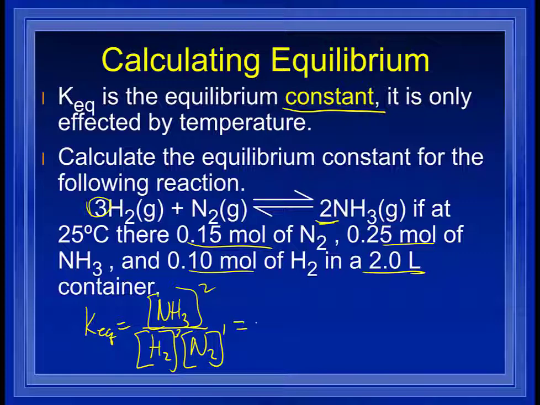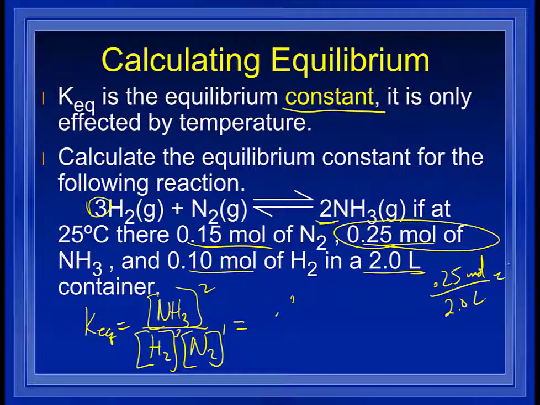Now I can stick in the numbers. I've got 0.25 moles of NH3, but 0.25 moles divided by 2.0 liters is 0.13 molar.